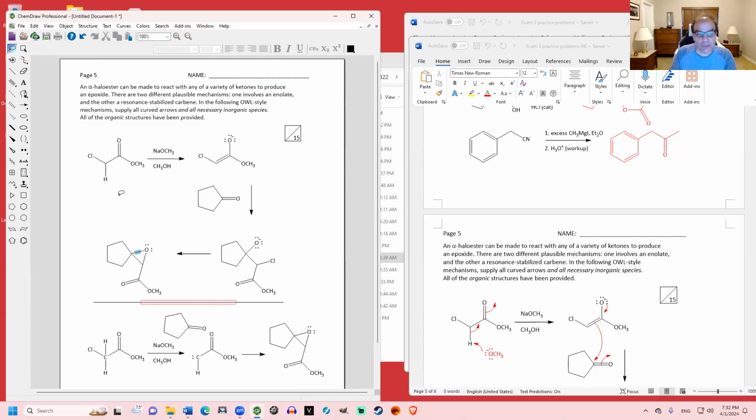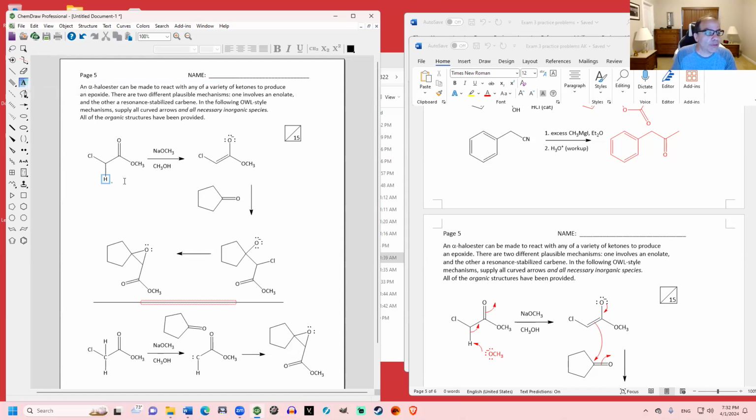And there's two plausible mechanisms. One of them goes through the enolate, and we're being asked to supply all curved arrows and all necessary inorganic species. So all of the other little small molecules are not supplied. We have to supply them ourselves.